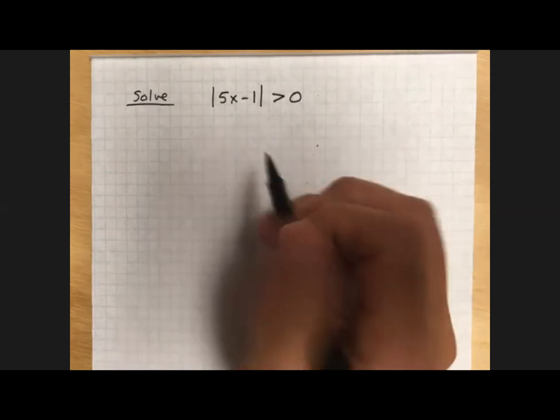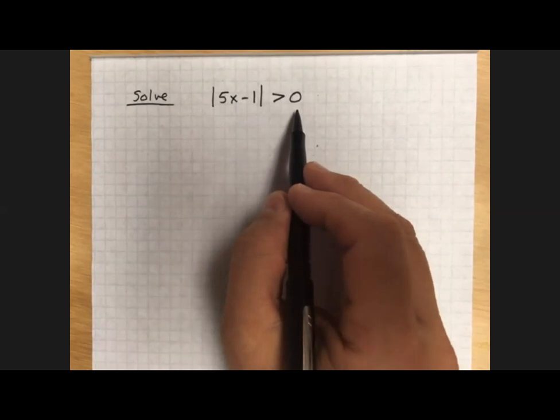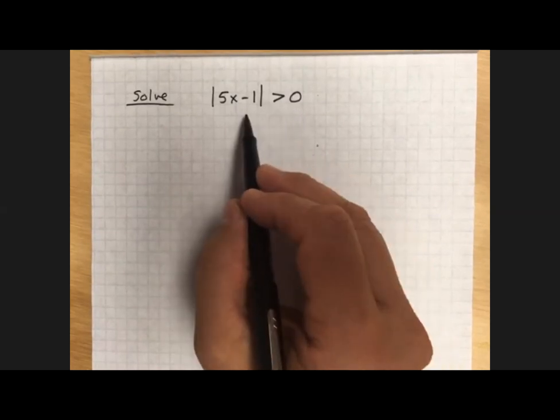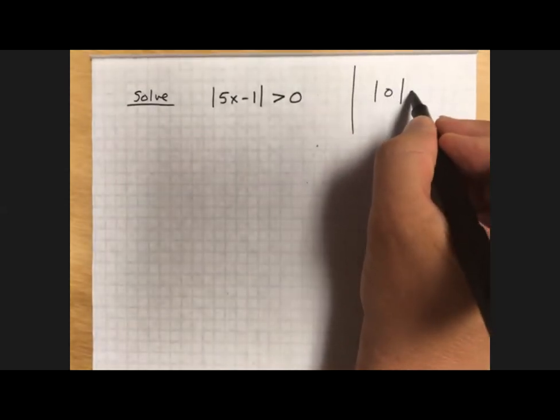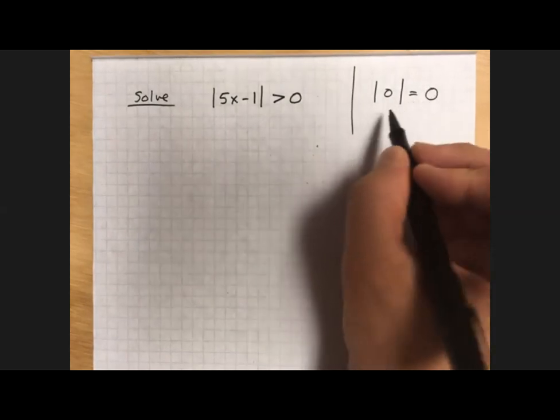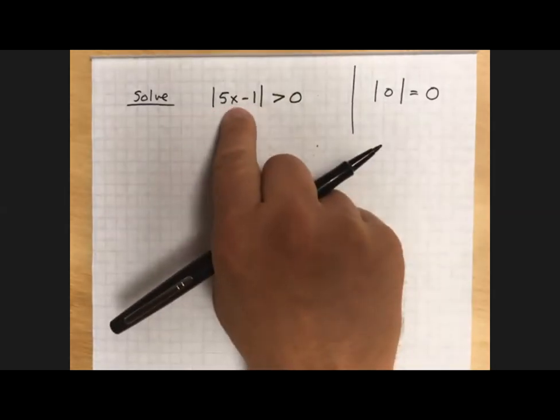But you're on the right track. Let's talk it through. Your first reaction is to say, everything works. But then in the back of my mind, I remember, no, wait a minute. If that stuff inside is 0, I lose.